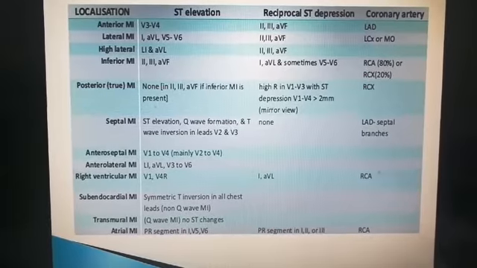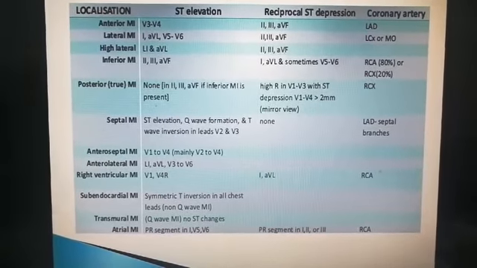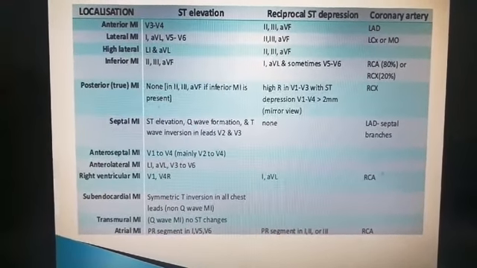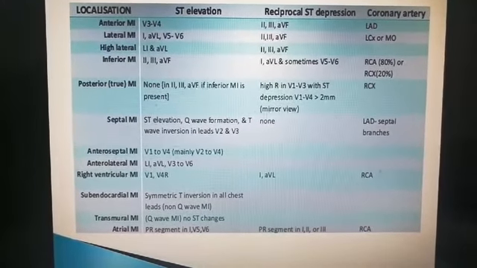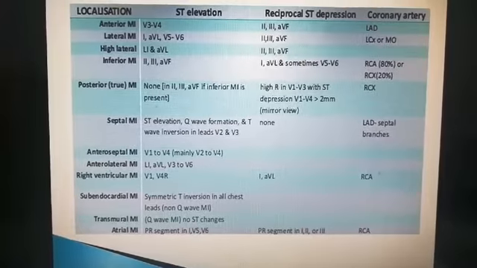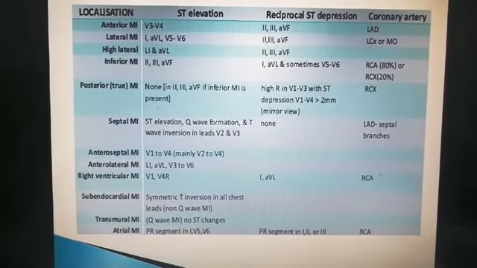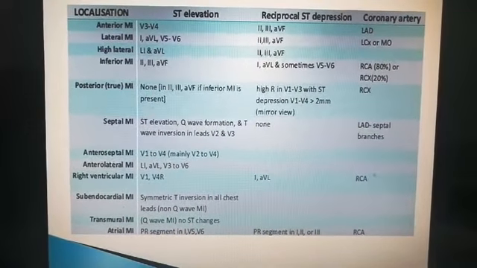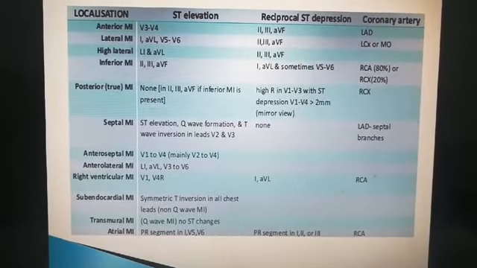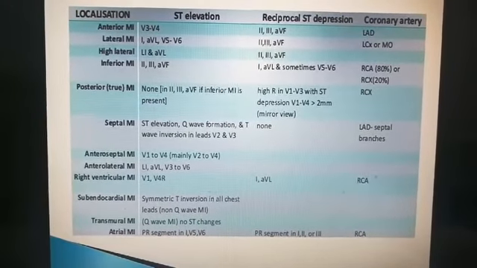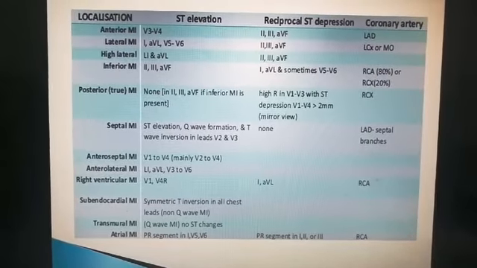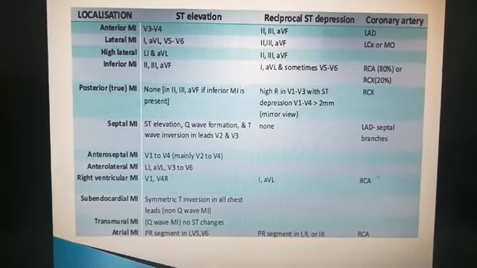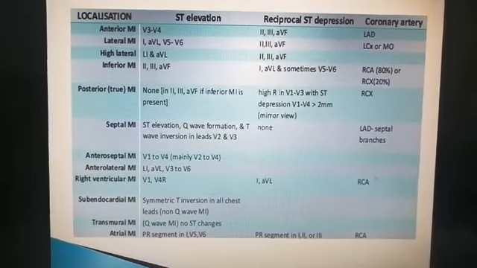And then there is a combination of MI: anterior-septal MI and anterior-lateral MI. Anterior-septal MI includes V1 to V4, as you see in anterior V3 and V4, and in septal V2 and V3. So when we combine both of these anterior and septal MI, the leads we get are V2 to V4.